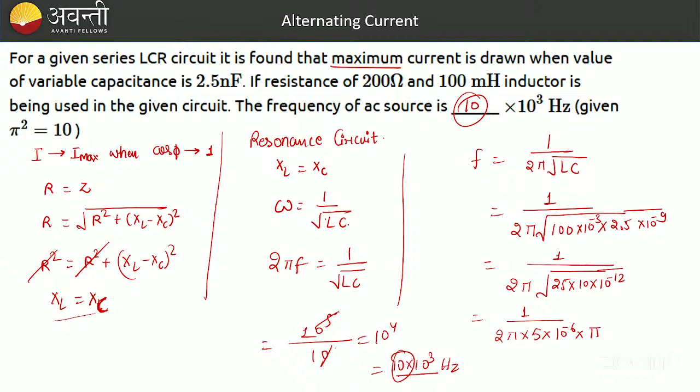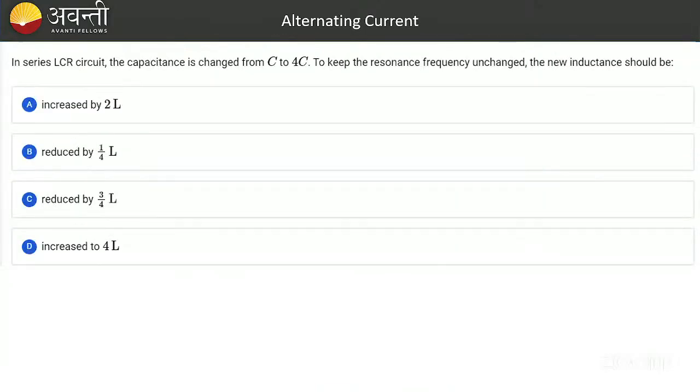Now, this one: in a series LCR circuit, the capacitance is changed from C to 4C. To keep the resonant frequency unchanged, the new inductance should be. We want the resonant frequency same for both the values.